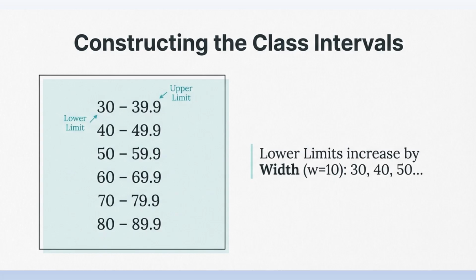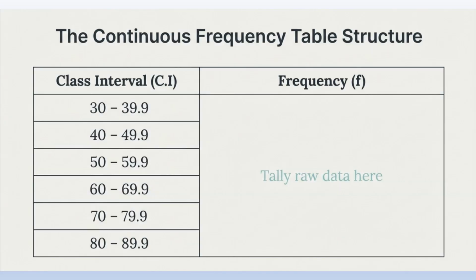Constructing the class interval: 30 plus 10 width is 30 to 39.9, then 40 to 49.9, and 50 to 59.9, and the width is 10. Class interval.